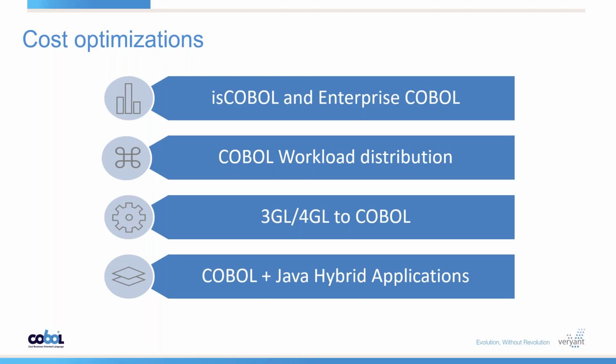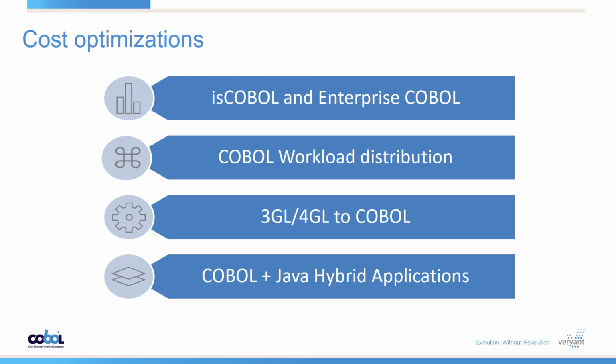The COBOL workload distribution is a cost optimization. isCOBOL can enable you to increase the workload to existing applications and not significantly change your cost. Now, one way your workload might increase is because of a merger or acquisition. Another is a pandemic. You can rewrite your non-COBOL programs to COBOL.